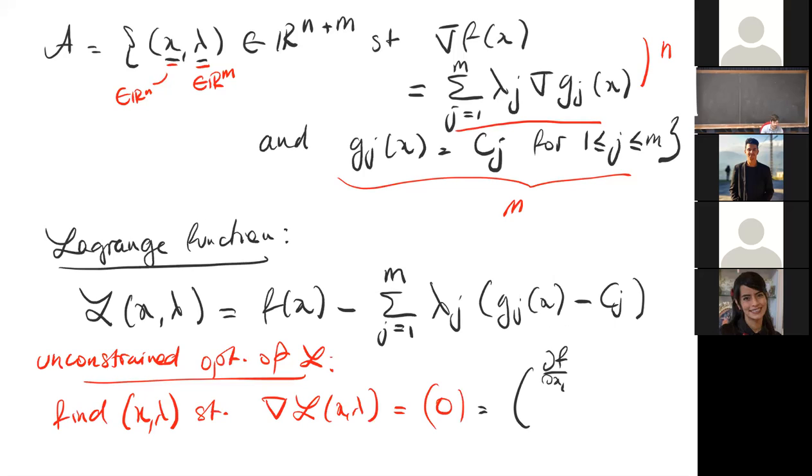The derivative of this thing with respect to x_1 is df over dx_1 minus lambda_1 dg_1 over dx_1, and so on, until df over dx_n minus lambda_n dg_n over dx_n.